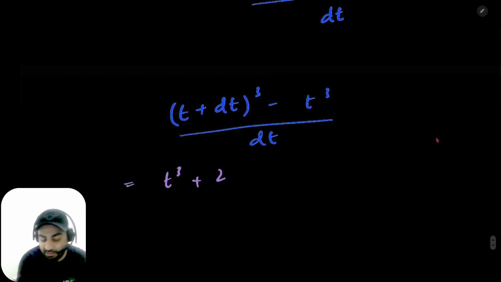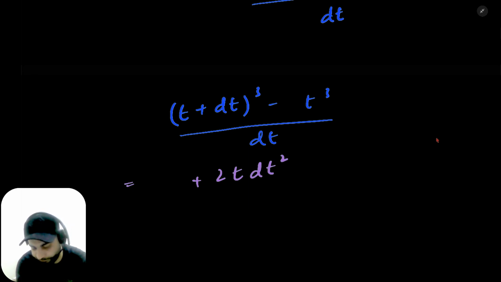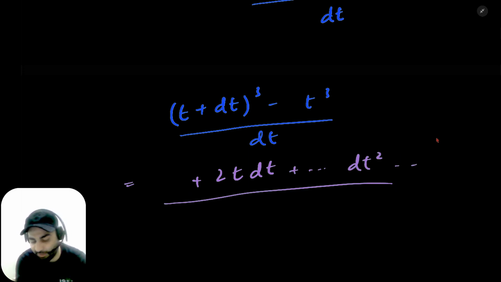This t cube will get cancelled with this t cube, that's for sure. What will remain basically is terms like 2t delta t square. The first term is 2t delta t, then we'll have other terms which contain delta t squares, all divided by delta t. I want you to focus on this term.